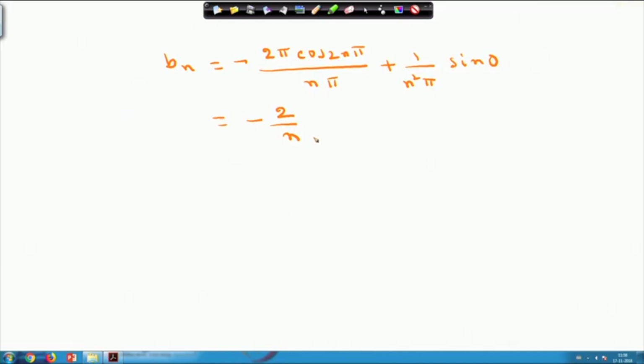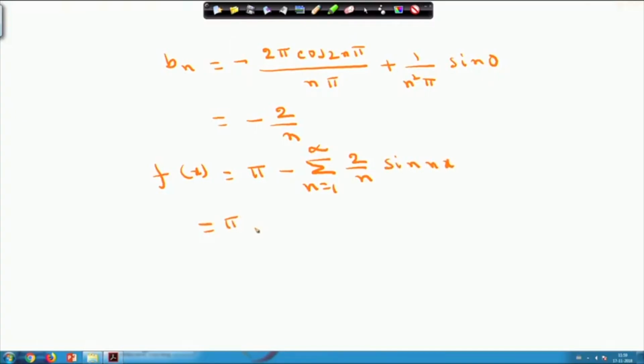So, you will obtain b n equals minus 2 by n. So, I can write down f x equals pi, because your a naught was 2 pi, so a naught by 2, it will be pi, plus summation n equals 1 to infinity b n sin n x, b n is minus 2 by n. So, it is minus 2 by n into sin n x.